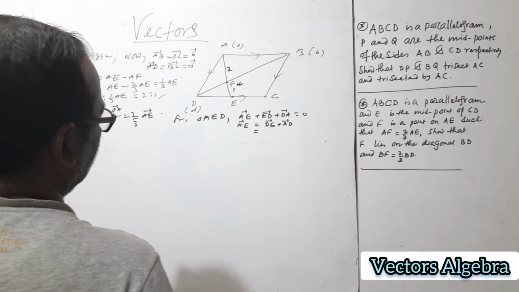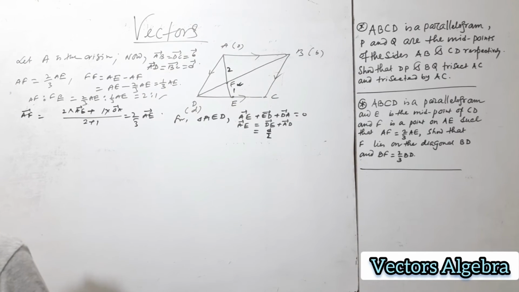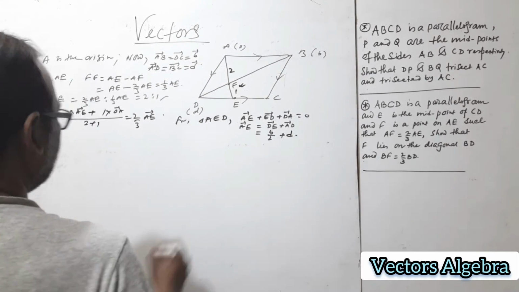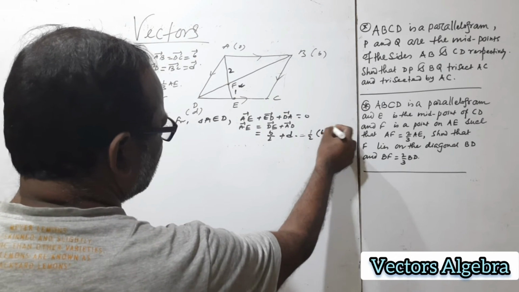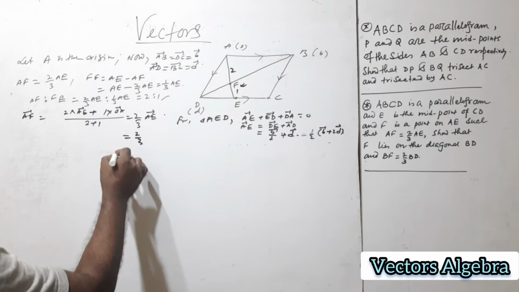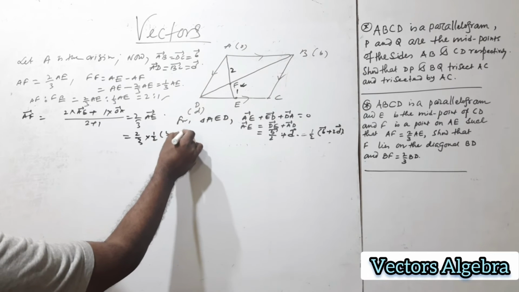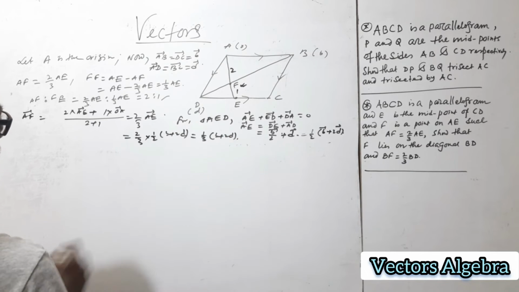And here DE, this is here d by 2, and AD is d. This is 1/3 of AE is equal to half of b plus 2d, 1/3 of b plus 2d. Okay.